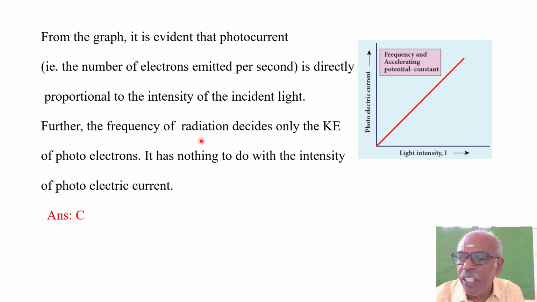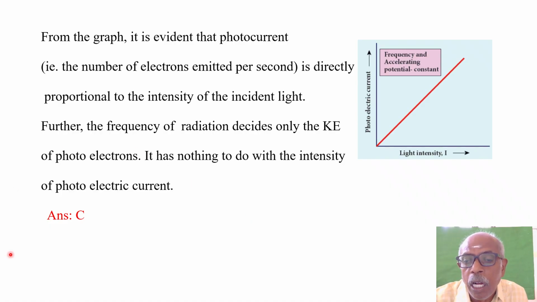Kinetic energy of electrons tells about the energy of photoelectrons only, but the intensity of photoelectric current is how many electrons are flowing. It has nothing to do with the frequency of radiation. Even according to the photoelectric equation and photoelectric theory proposed by Einstein, it has nothing to do with the intensity of electric current.